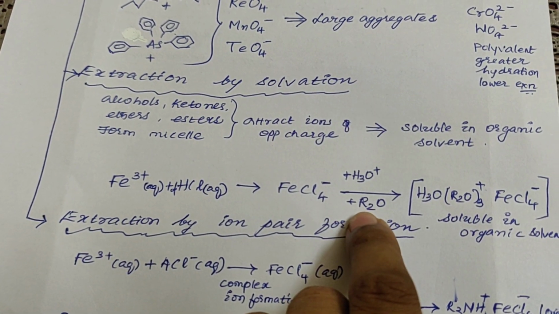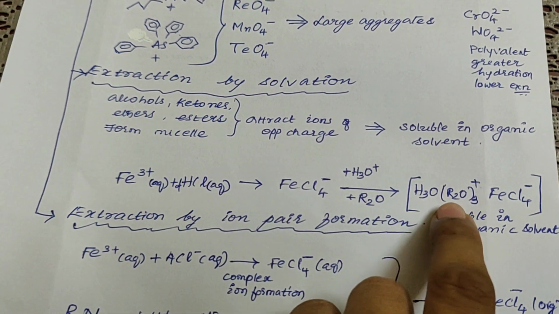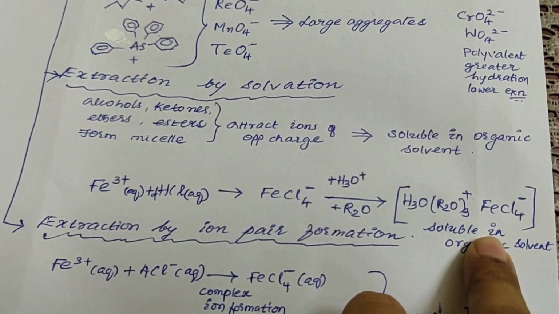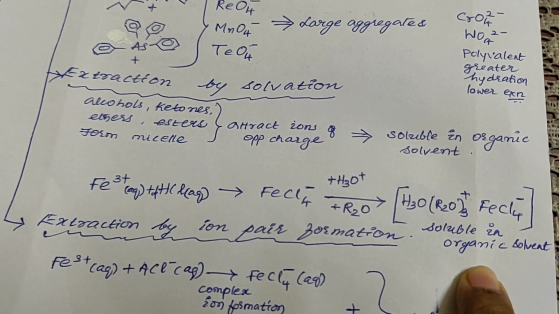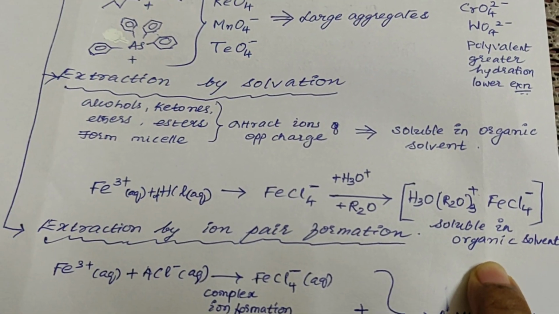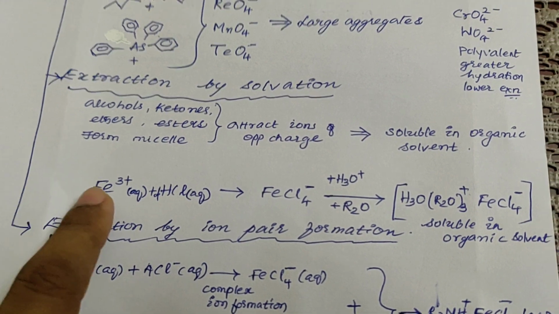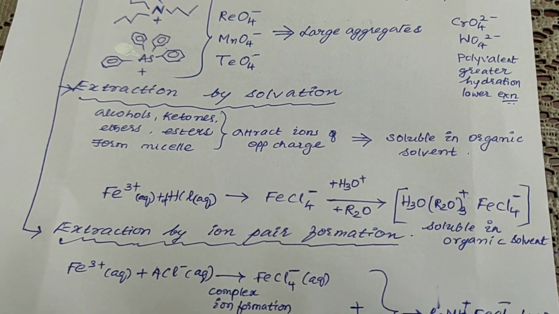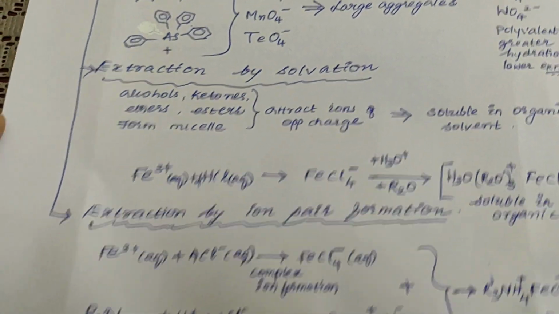The solvent will fight to be in the inner sphere of the complex, and hence this complex becomes soluble in the organic solvent. Therefore, we would have effectively extracted Fe3+ in the form of a complex in the organic solvent.